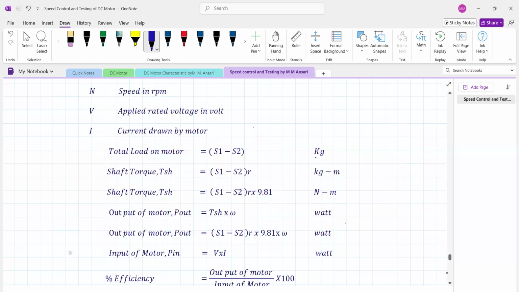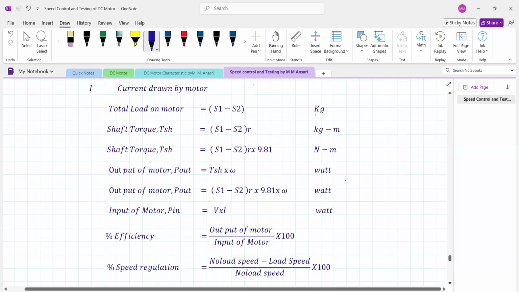Now motor input is nothing but the current drawn by the motor multiplied by the voltage. So power input is equal to V into I, in watt. Now the output we know, the shaft torque we know, and the input we know, so it is easy to calculate efficiency. Output power divided by input power multiplied by 100 is the percentage efficiency.